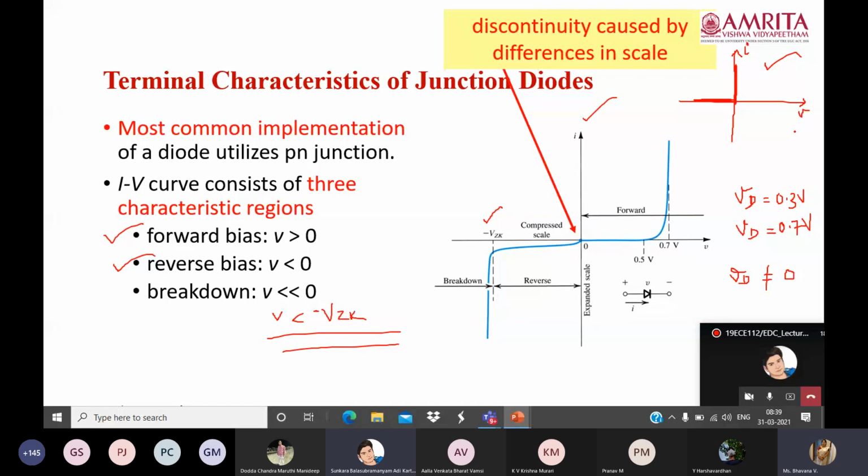It has only forward bias and reverse bias. Ma'am, it won't increase on the negative side? No, on the negative side it will be like this only. There won't be any current conduction. The diode will not be conducting.